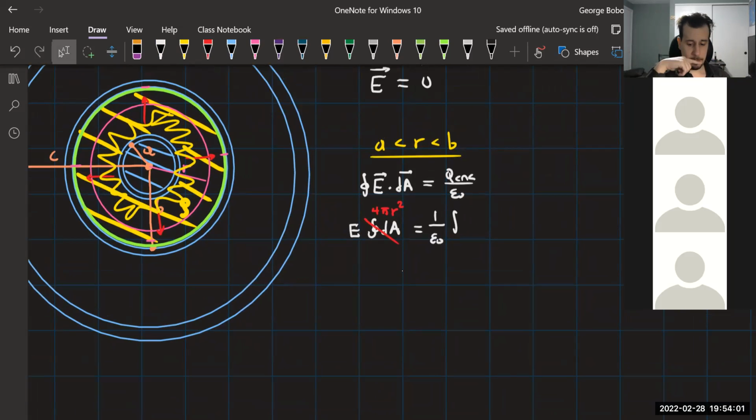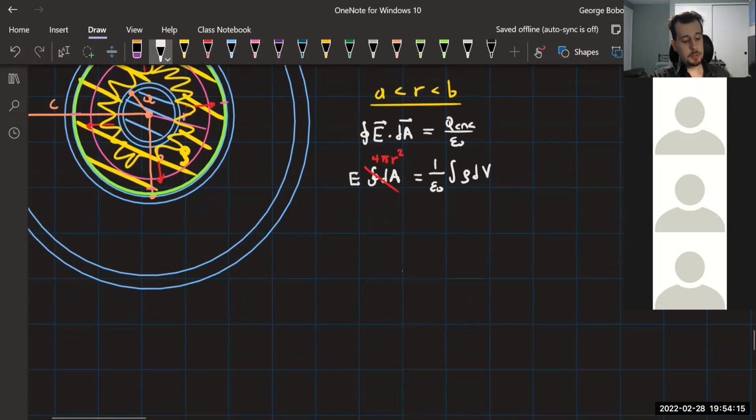So I want Kelly on that. Do you do like rho dv? Yes, rho dv. Okay, so this time around, the rho is constant, so you can pull it outside, right?